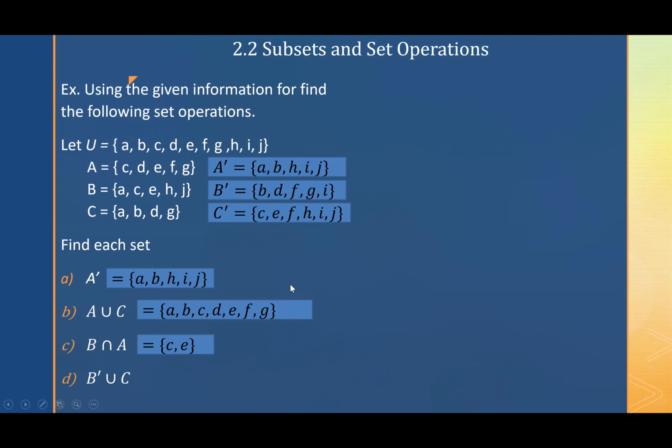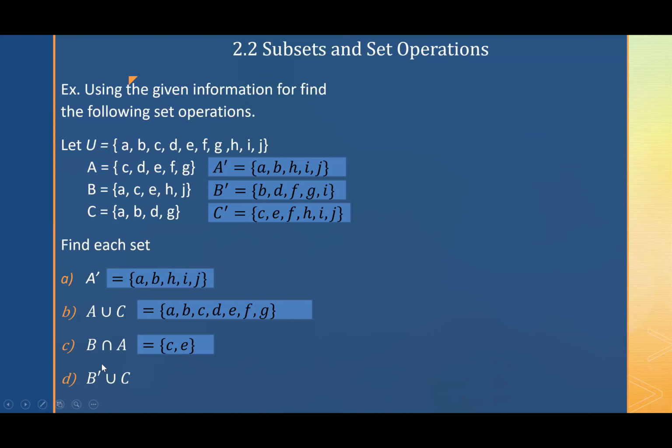And what about this one here? They ask you what is B prime union C, which is what is outside of B, combined with what is inside C. Reminder, union is we unite them, we combine them together. That's why I found B prime here in the beginning, so that now we can reference back.